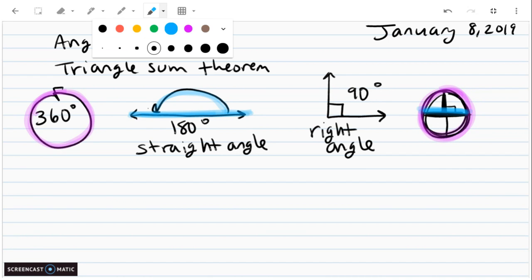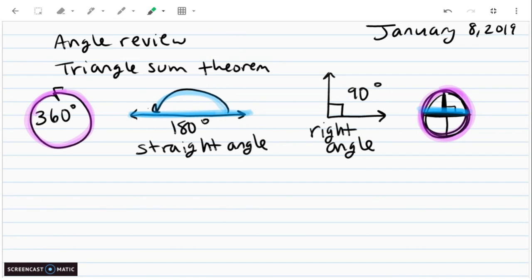And then I have my right angle right here. And so that's like the L shape. And you know, it could go like this, or it could go like this, or it could go like this. As long as it has that right angle in there, it could even go like this, tilted.